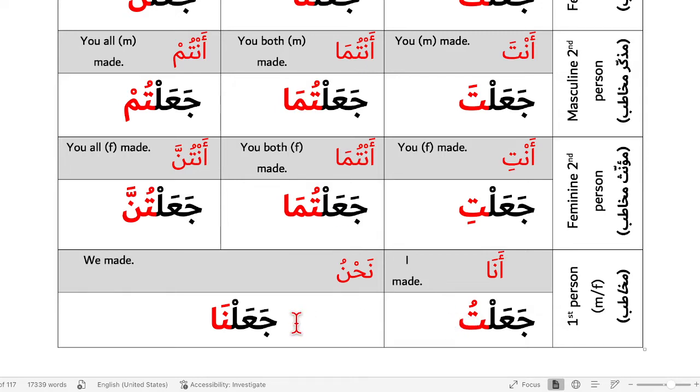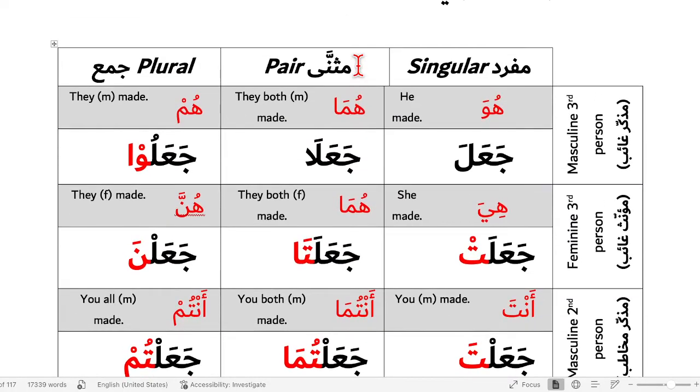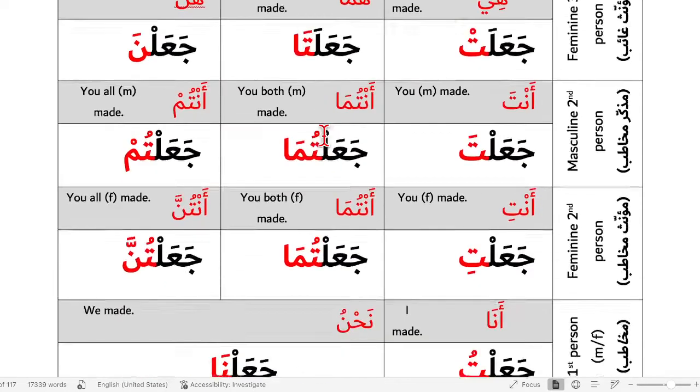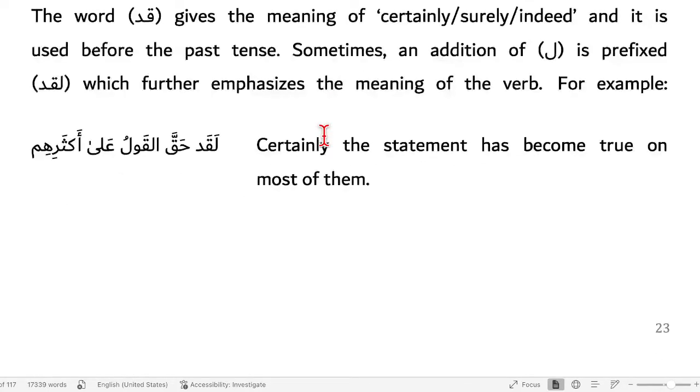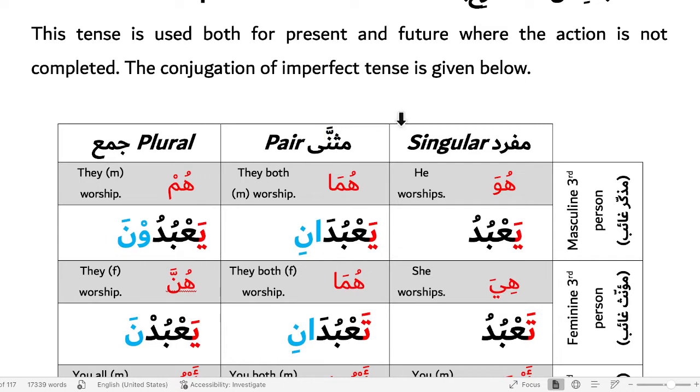Abadna, we worshipped. I took the verb abada and applied it on the formation of the past tense that we learned in that table. So this was for the past tense, and for the present tense, this is how we make the formation of the verb. This is how we do the conjugation.